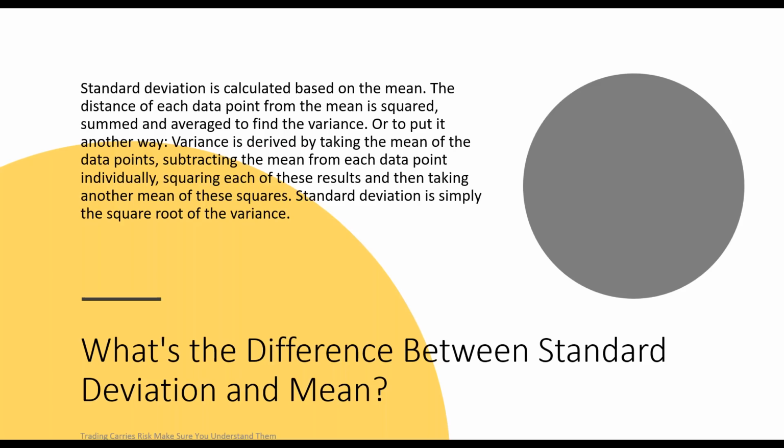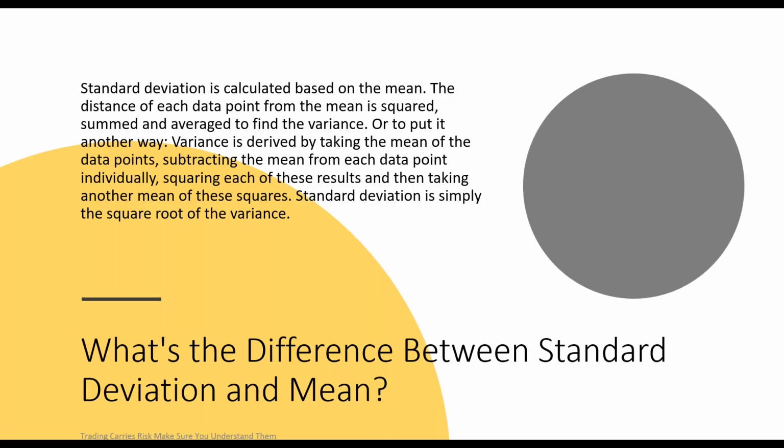The distance of each data point from the mean is squared, then summed, and then averaged to find the variance. Or to put it another way, variance is derived by taking the mean of the data points, subtracting the mean from the data points individually, squaring each of these results, and then taking another mean of these squares. Standard deviation is simply the square root of the variance.